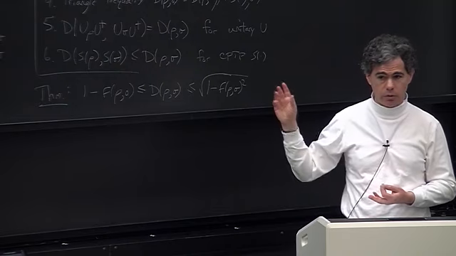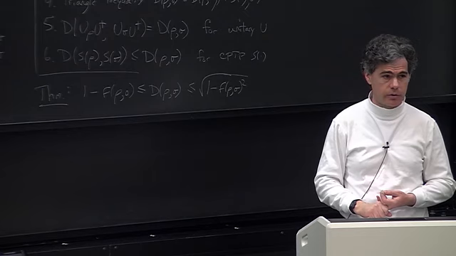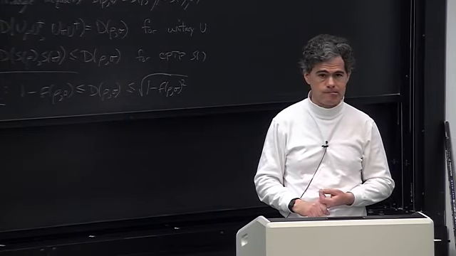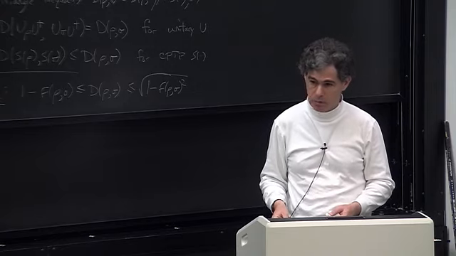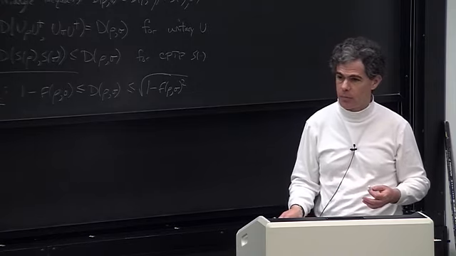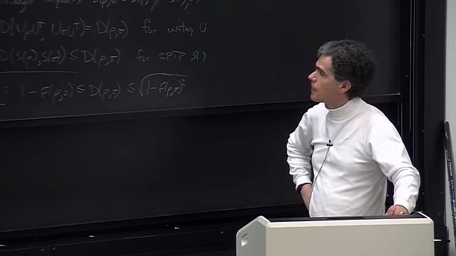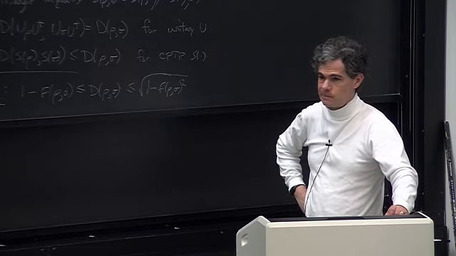OK, so are there questions on these things? Yeah. I'm a bit confused about the CPTP map: for the trace distance, it is decreasing. For the fidelity, it's increasing. That's right.